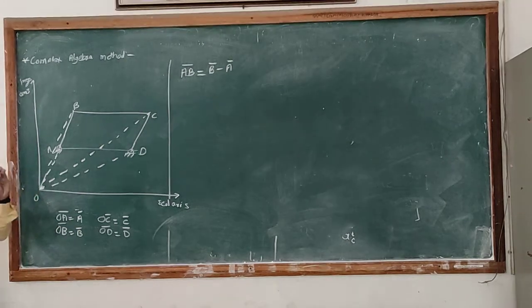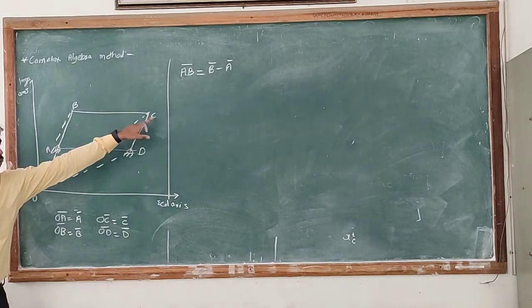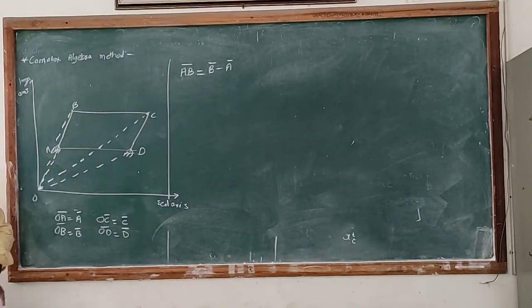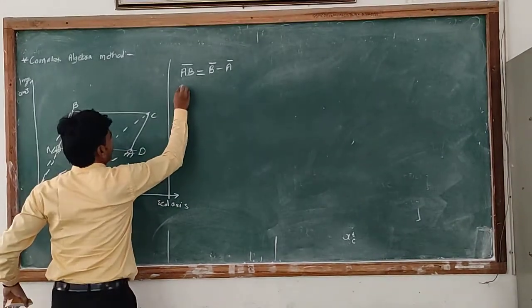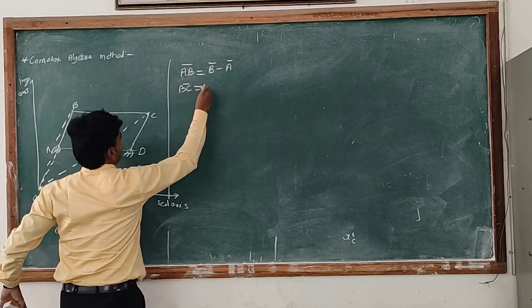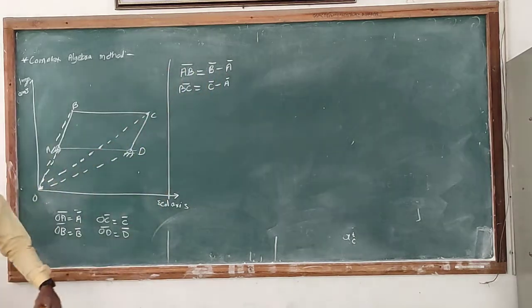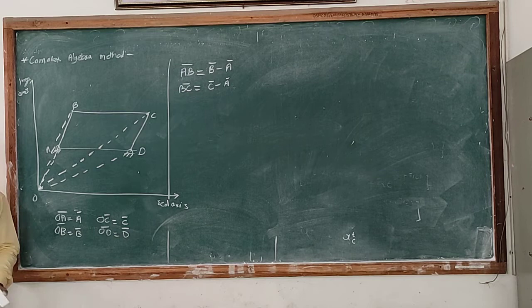Similarly, I want to represent the point C with respect to B. Then it can be represented as BC bar, and it is equal to C bar minus B bar.